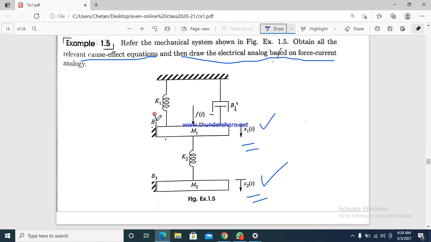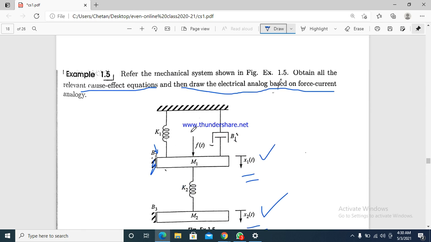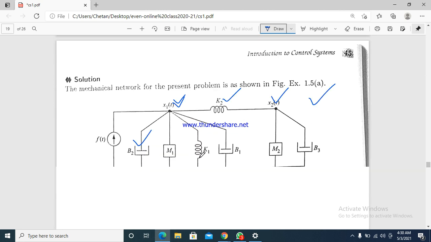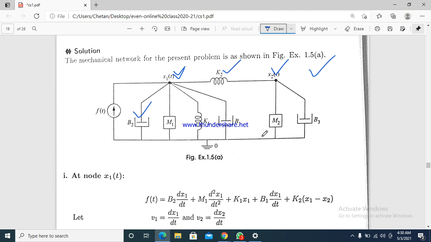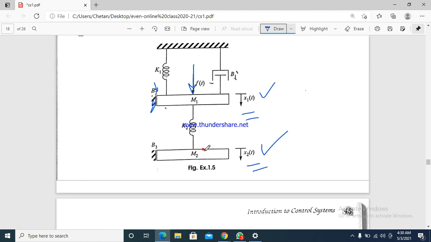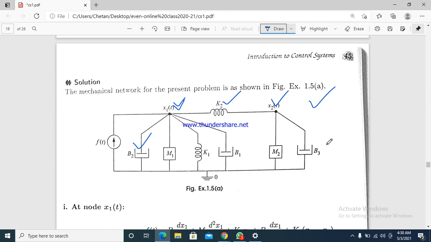Dashpot means it is like friction, friction between the fixed surface and this mass. A force F of t is acting on the mass M1. Similarly, K2 is present between x1 and x2, and below x2 of t, you have M2 as well as B2.